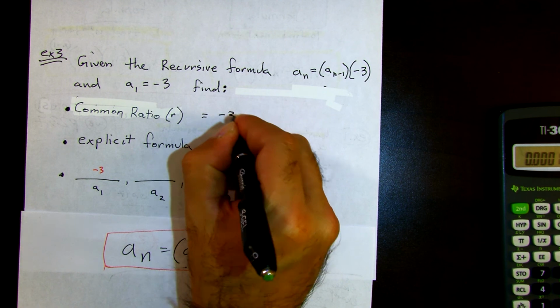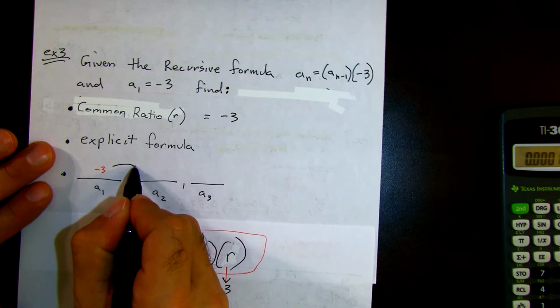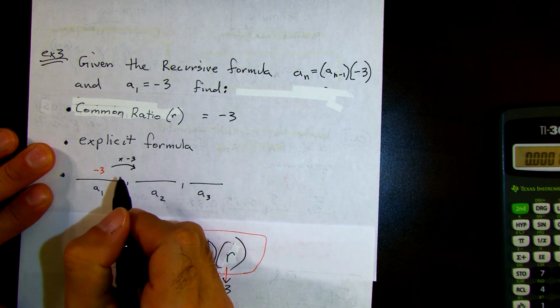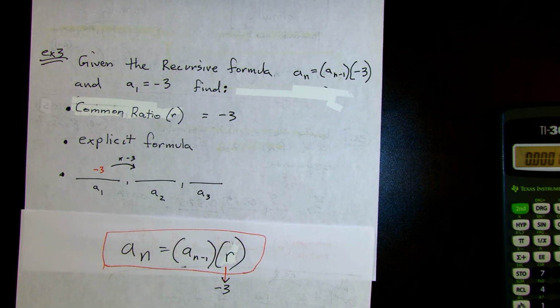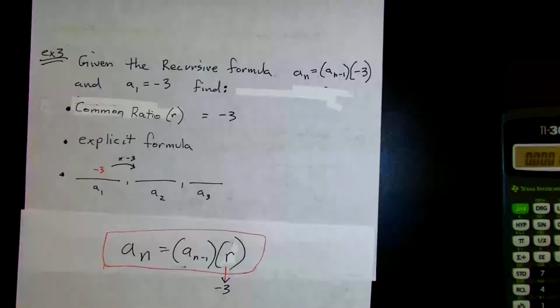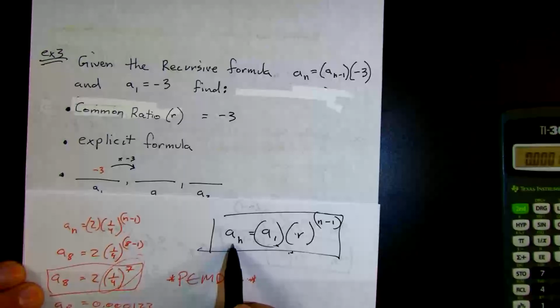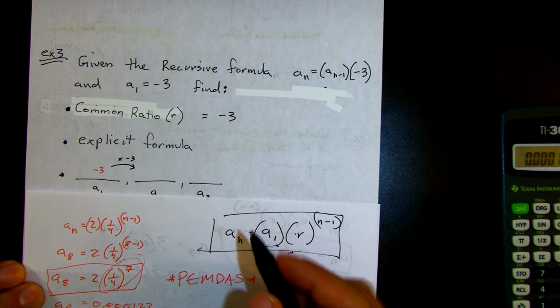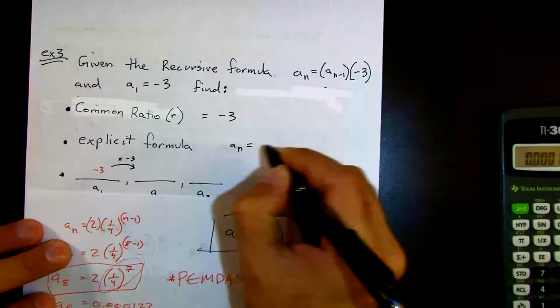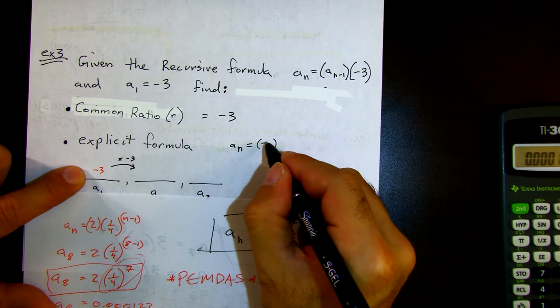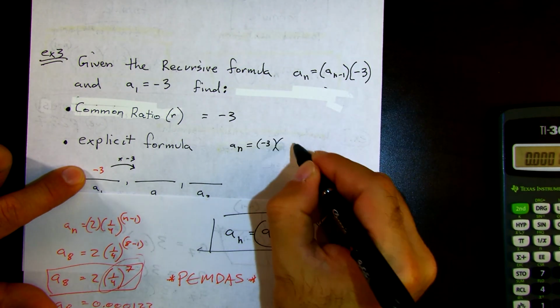So what this tells me is we're going to be multiplying by -3 to get to our next one. So you may already know what goes there. If you want to fill these in, you could do it that way. But let's try to create our explicit formula now. Let's see if we have enough information. The explicit formula is a sub n is equal to a sub 1, I know, it's -3.